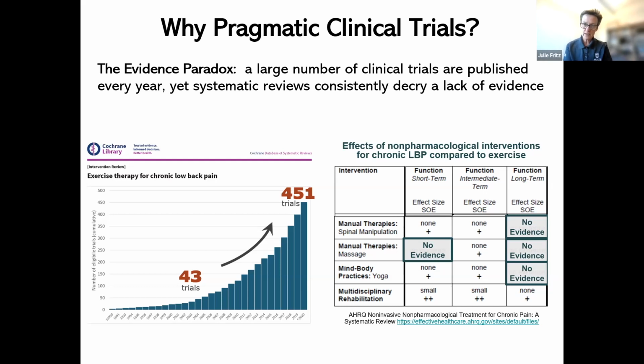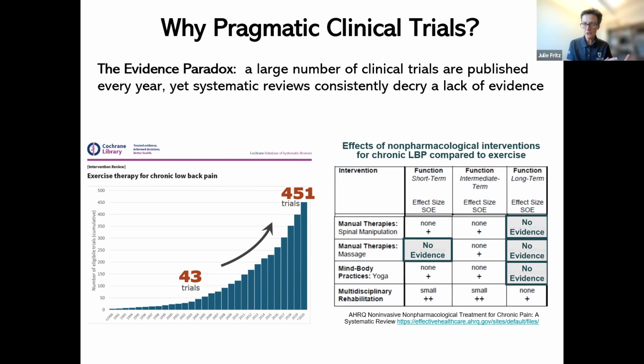But on the right-hand side of the screen, what you'll see is a table from a systematic review conducted recently by the AHRQ, which is comparing other commonly used modalities to exercise. And what I've highlighted is that in a lot of these boxes in this rubric, there is no evidence.